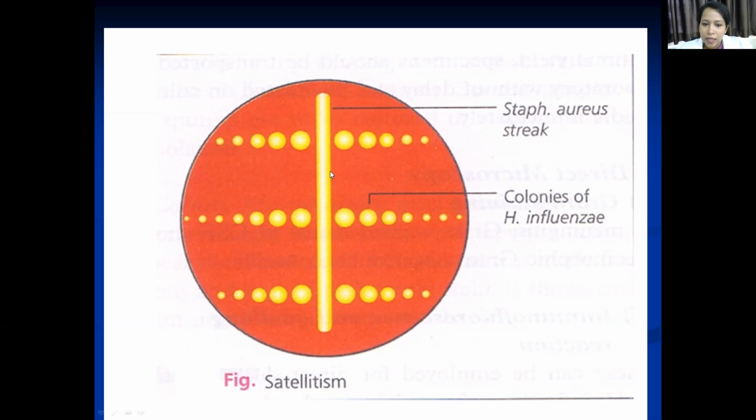So this line containing Staphylococcus aureus produces factor V, which is responsible for the growth of Haemophilus influenzae.